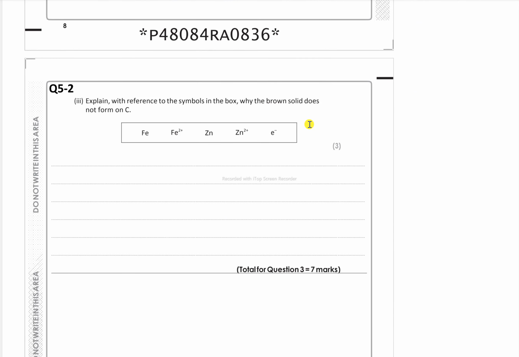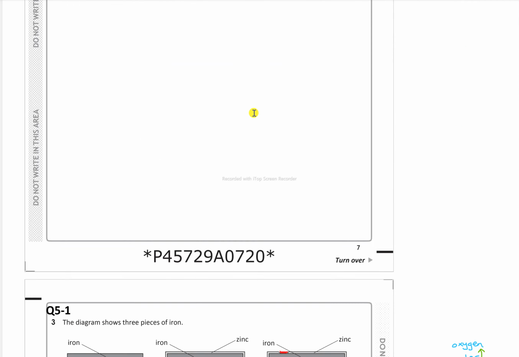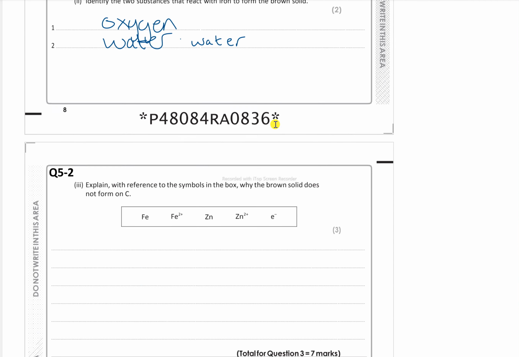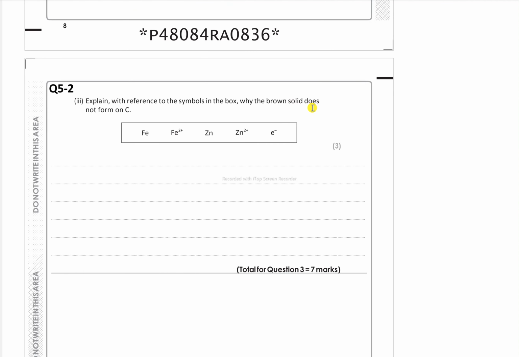Explain, with reference to the symbols in the box, why the brown solid does not form on C. Where is C? Right, okay. We can say that zinc is more reactive than iron.